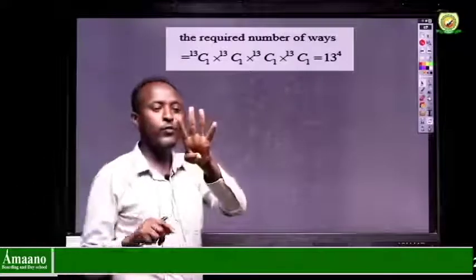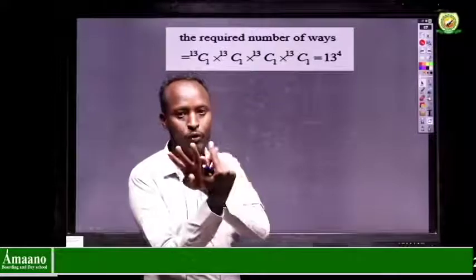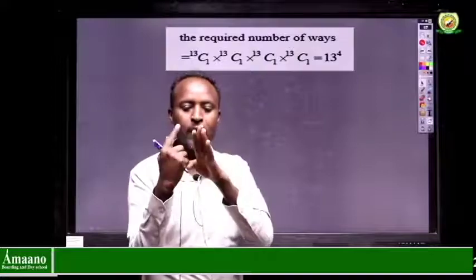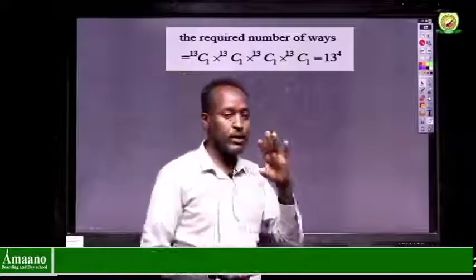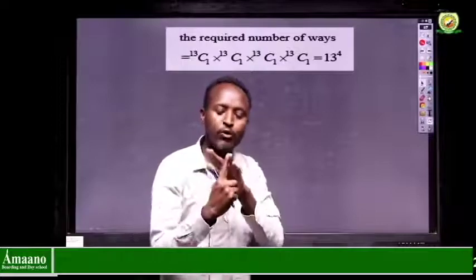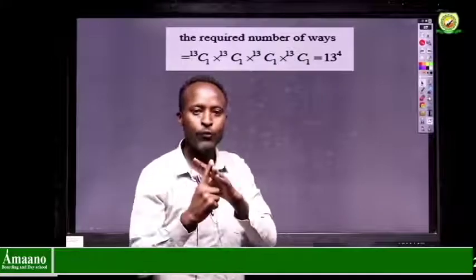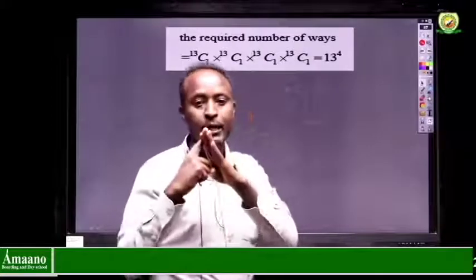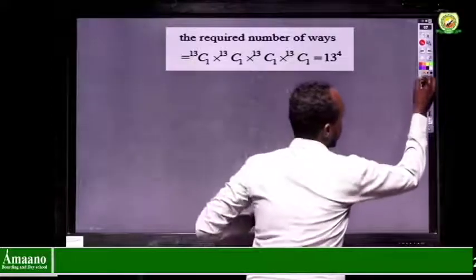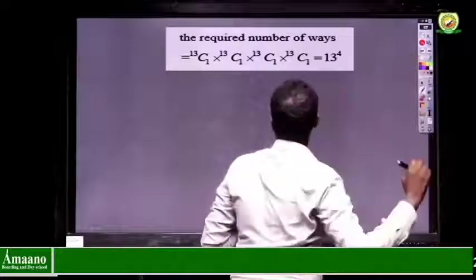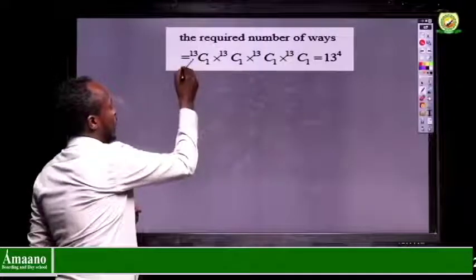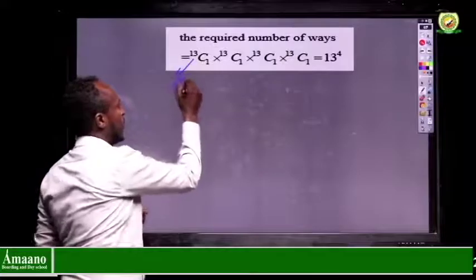It means that from every suit we should get one: one from hearts, one from diamonds, one from clubs, and one from spades. It means multiplication. In this case we will use multiplication. Look, we have 1 card from hearts.